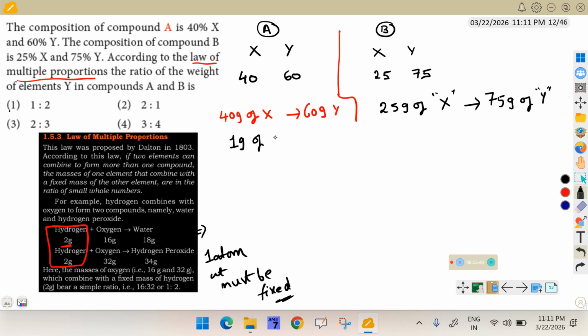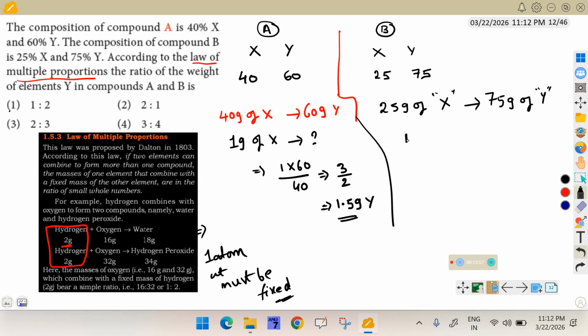For 1 gram of X, how many grams of Y is required? 1 into 60 by 40, that is 3 by 2, equal to 1.5 grams of Y.